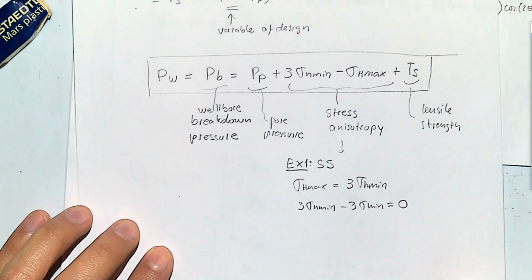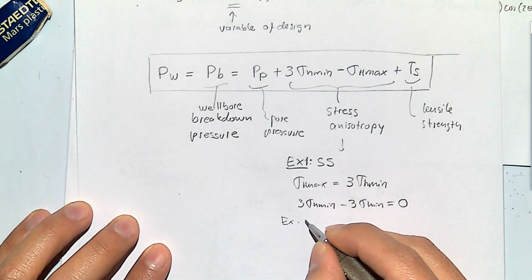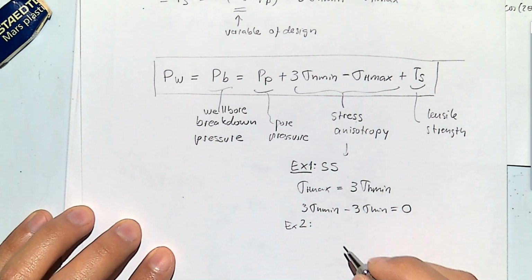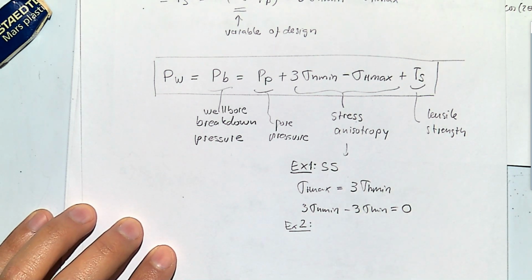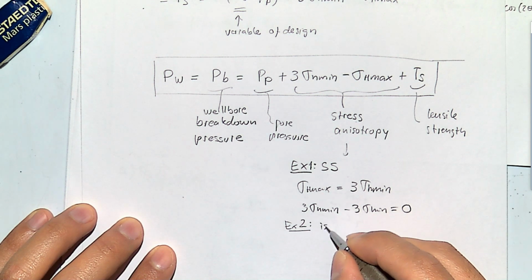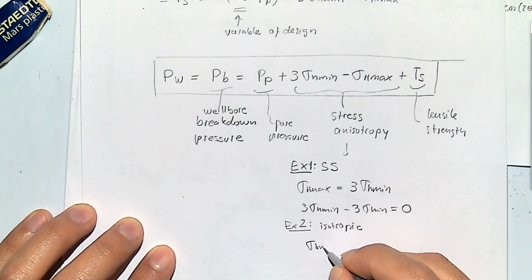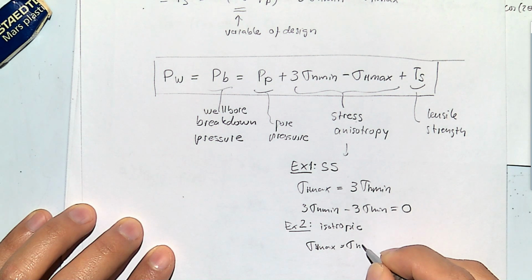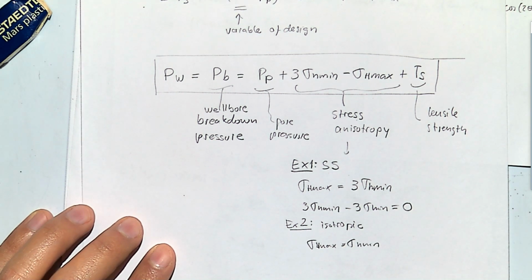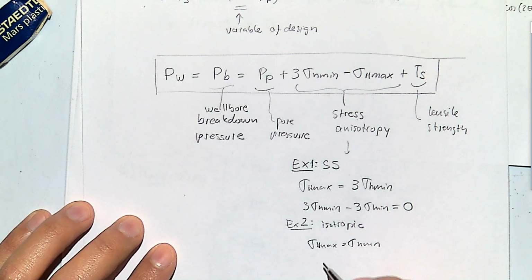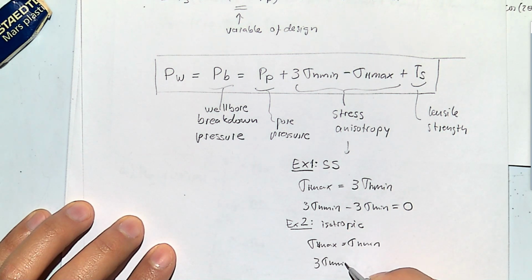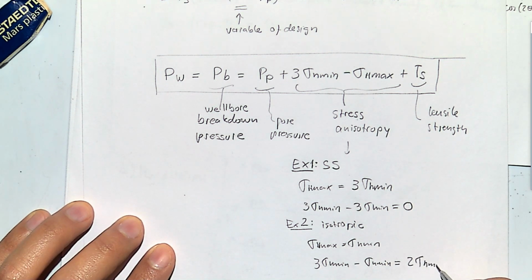If in example number 2, you are in conditions in which it's an isotropic state of stress and sigma H max is equal to sigma H min, then 3 sigma H min minus 1 sigma H min is just going to be equal to 2 sigma H min.